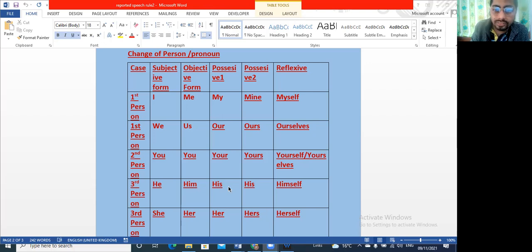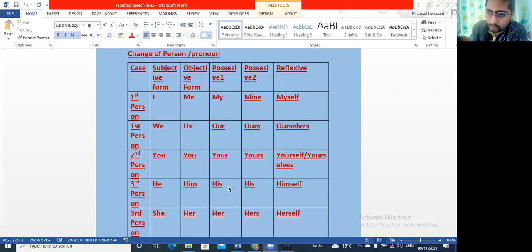And what is the reflexive form of he? Himself. So let me clarify over here. There is no change in subjective possessive case and objective possessive case for he, because his is used in both cases for he.